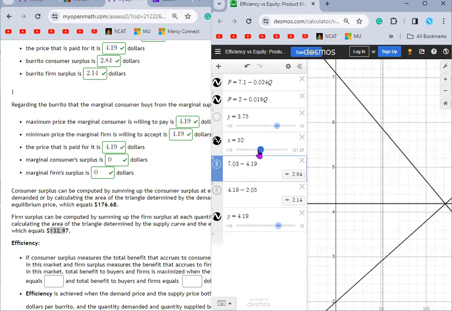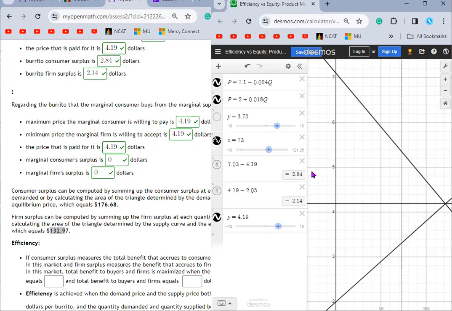So if the quantity is only, say, 49, then the total surplus is this upper trapezoid plus this lower trapezoid, right? As the quantity increases, the total surplus, this upper trapezoid plus this lower trapezoid, gets bigger. Now the total surplus is quite large.